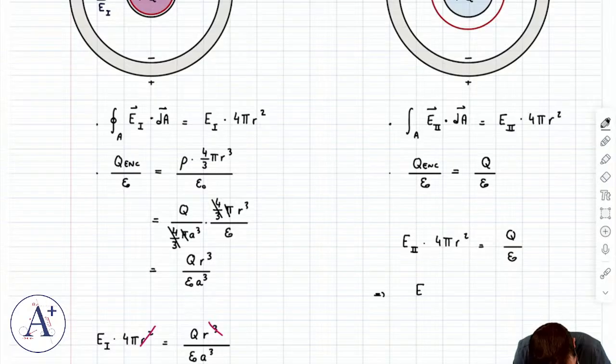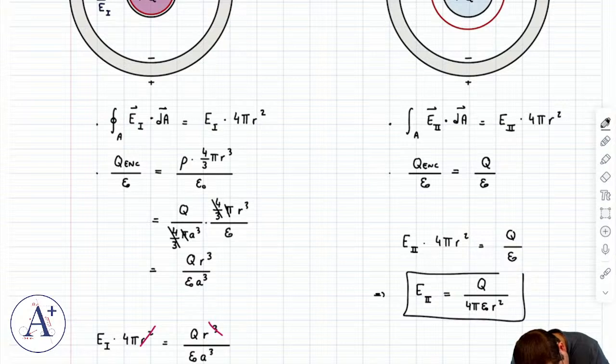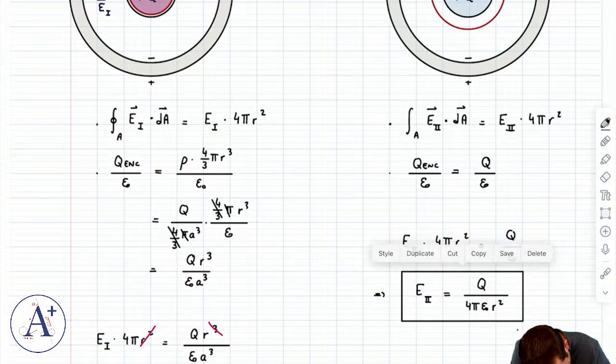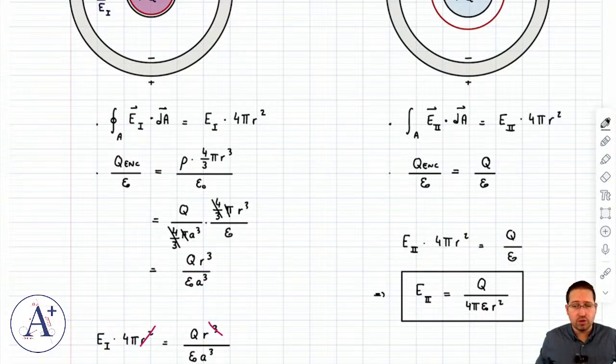Which means E2 is Q divided by 4 pi epsilon naught r squared. Which, by the way, is the same as a point charge.